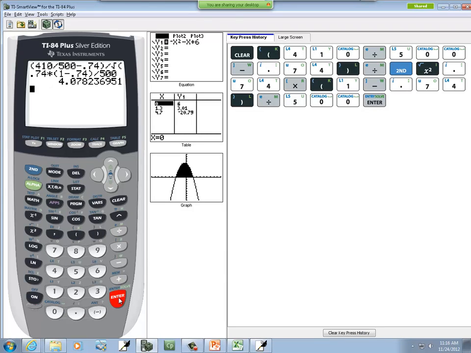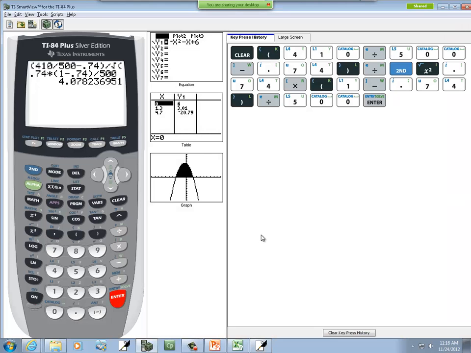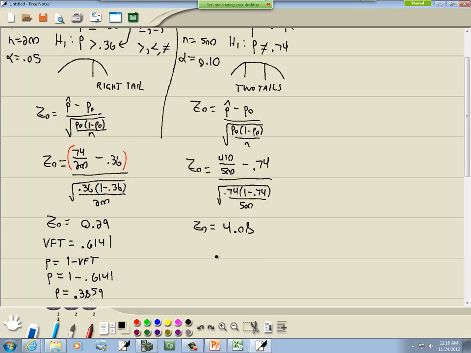Enter. And we get 4.08. Assuming I typed it in correctly. 410 minus... that looks right. Okay. So value from the table.